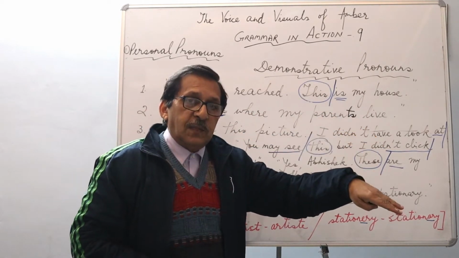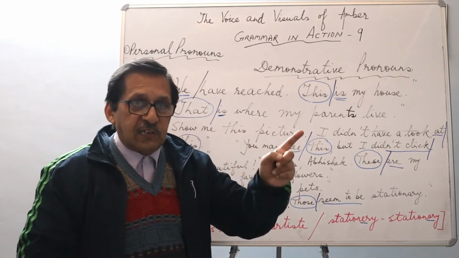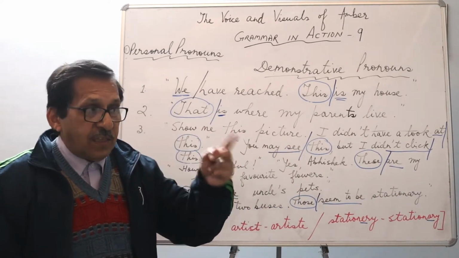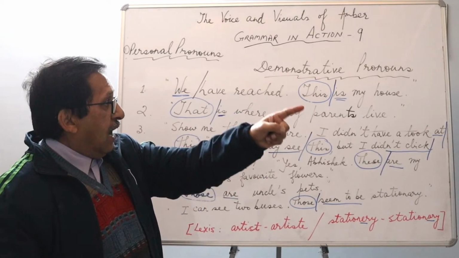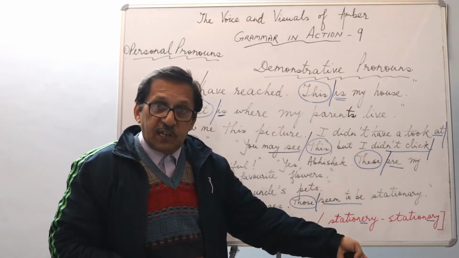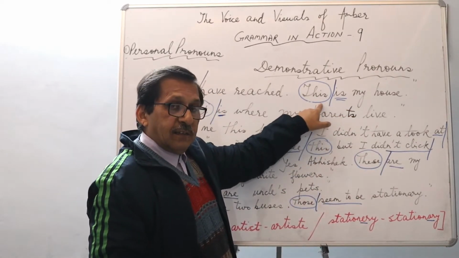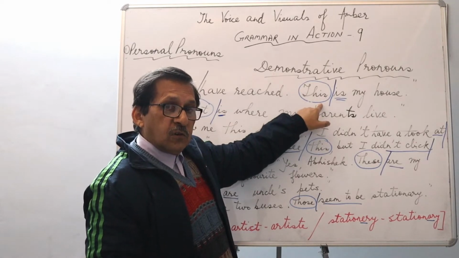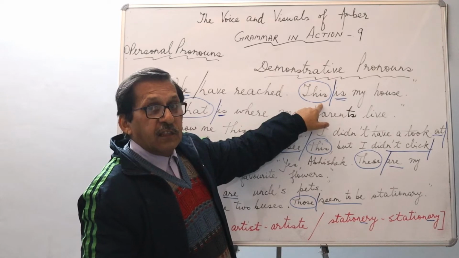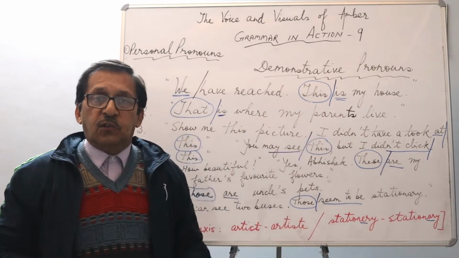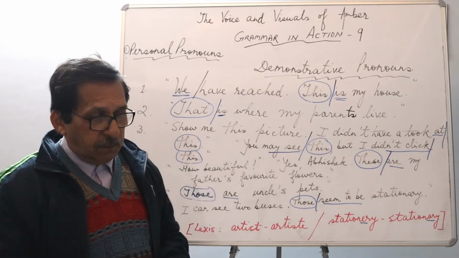So after reaching there, the communicator, the speaker, just demonstrates with his body language and points at a house. So we have reached, this is my house. So this, therefore, is the demonstrative pronoun used with a singular number and for a thing which is close to or near the communicator or the speaker.